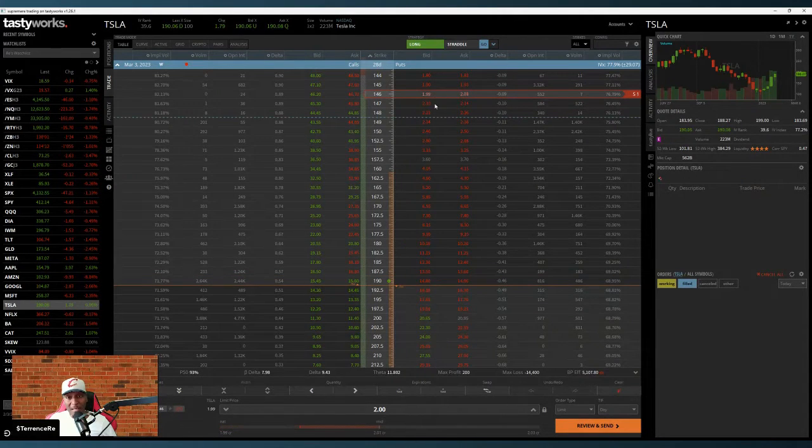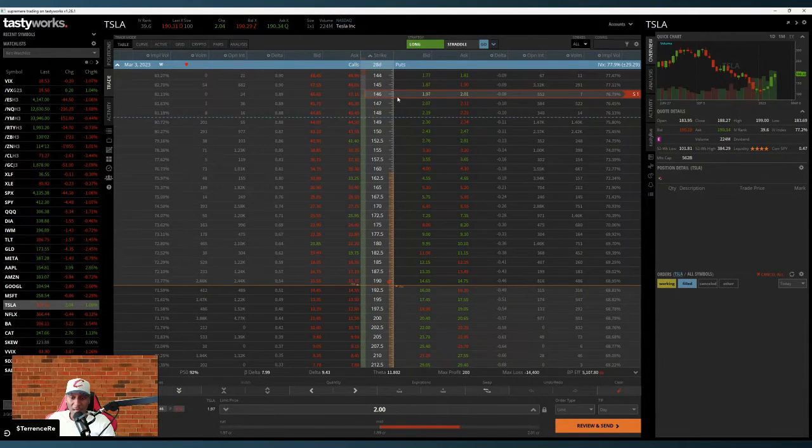If it comes back down there, and you get put the shares, you wanted it anyway at that price. So if you get put the shares, you would get them at 146, but remember, you took in $200.